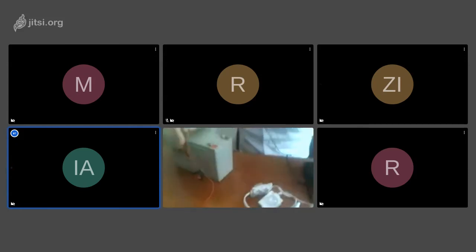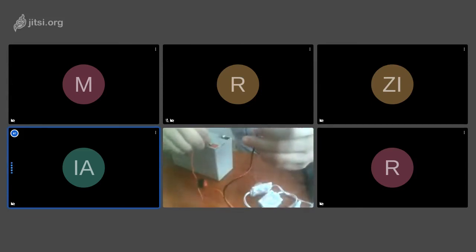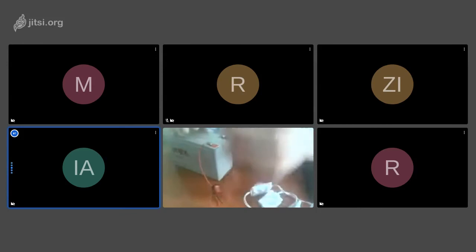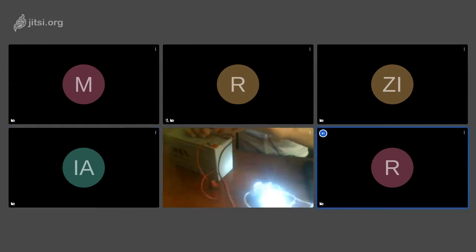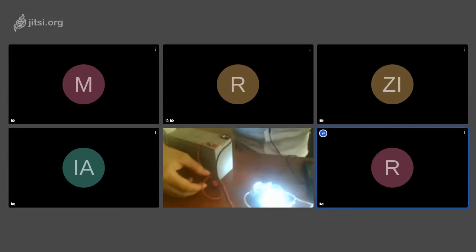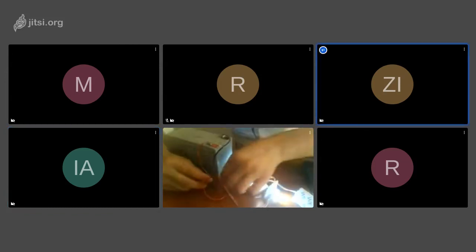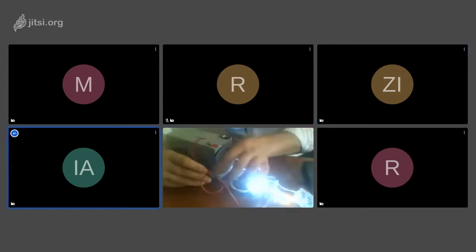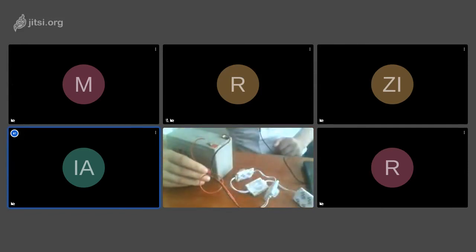Again, the red color goes to the red side of the battery, positive, and the black wire goes to the negative. You see now our light is on. So let's turn it off. If you click this switch, now it's off.